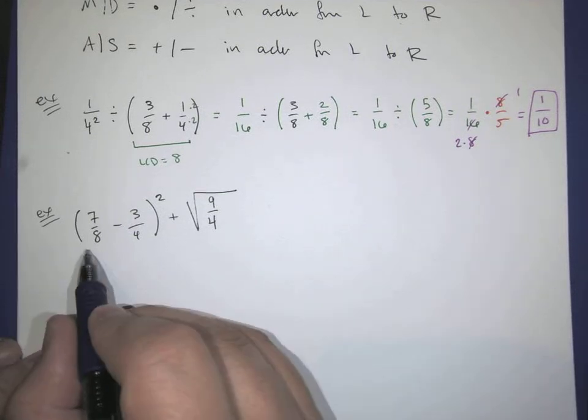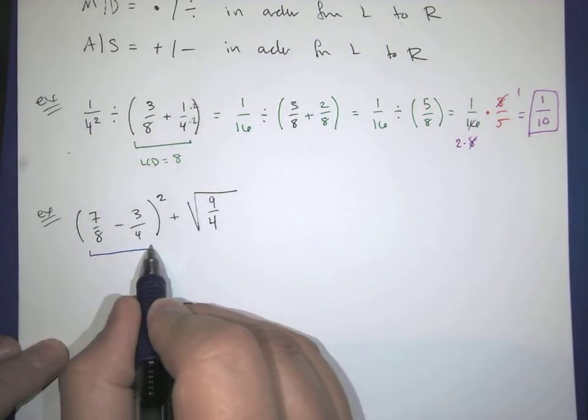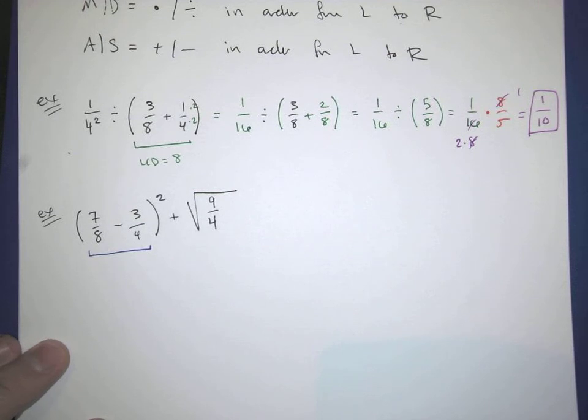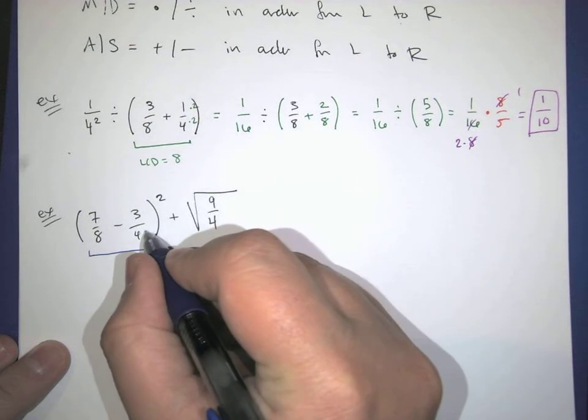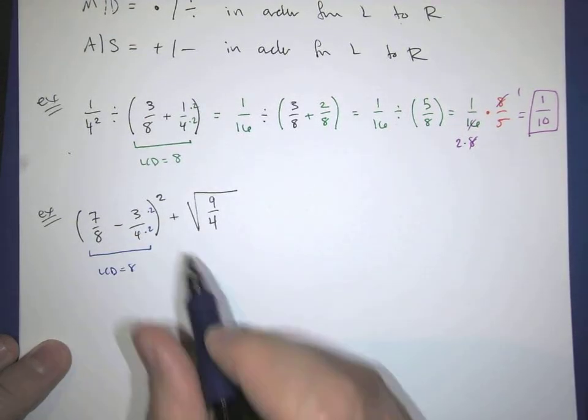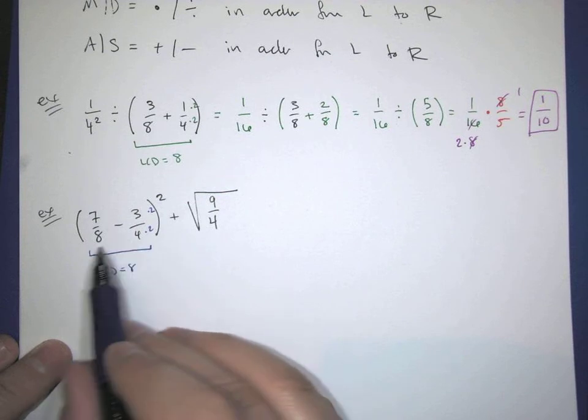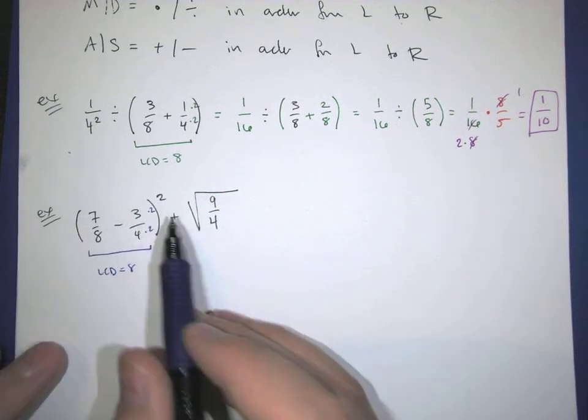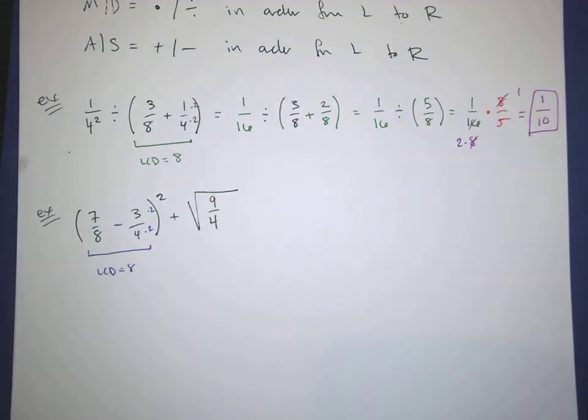Two places to start. We have a pretty similar inner parentheses here, maybe a little too similar to the one we just did. 8 and 4 again, so we know our LCD here has got to be 8. So we'll do times 2 and times 2. We need to do that before we square this, right? Everything in my parentheses comes first, so I have to clean up all of my values in there and combine them down.